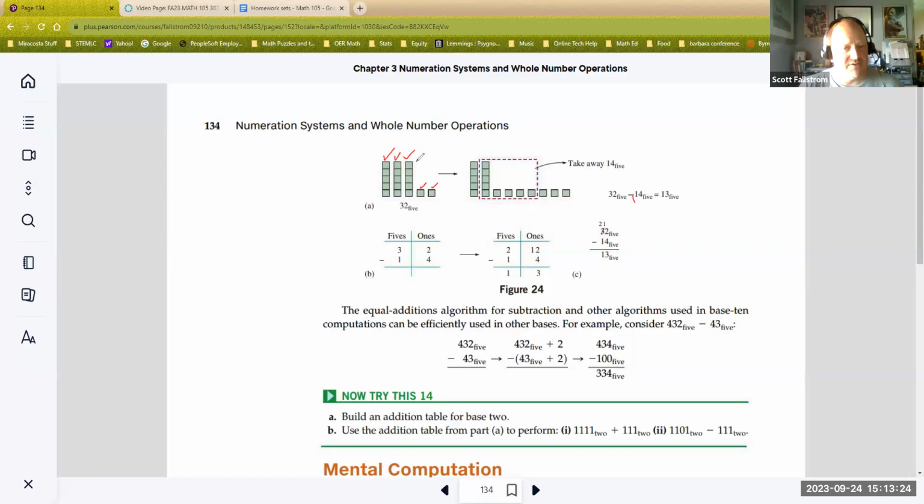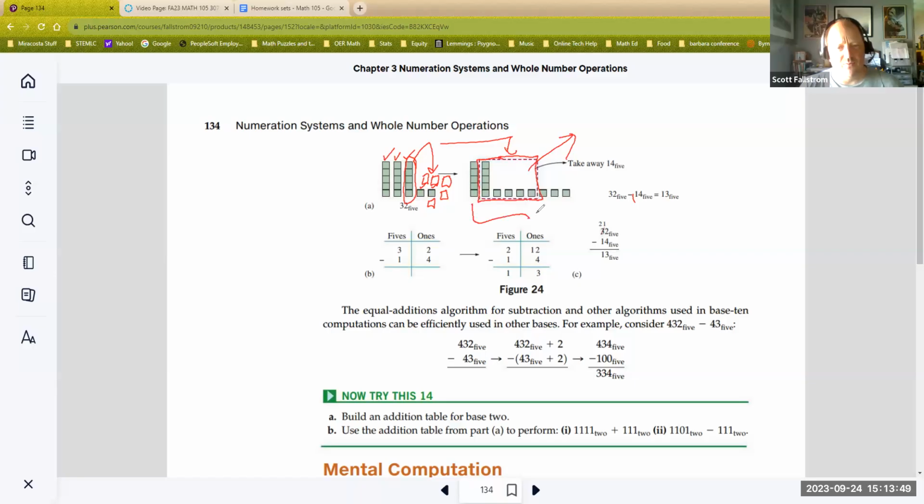I don't have enough ones. So swap one of these for 5 individual pieces. And that gives you this picture right next to it with 2 longs and 1, 2, 3, 4, 5, 6, 7 individual pieces. Then take away your 1, 4 right here and pull those out and away.